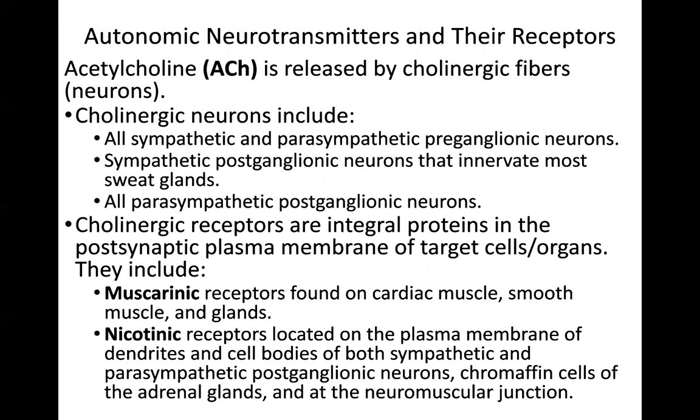Hopefully that's easy to remember. Those cholinergic neurons or fibers include all sympathetic and parasympathetic preganglionic neurons. Remember, preganglionic would be the first neurons, whereas postganglionic neurons are the second neurons.